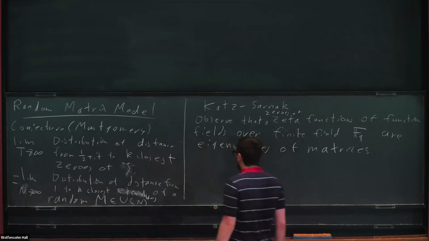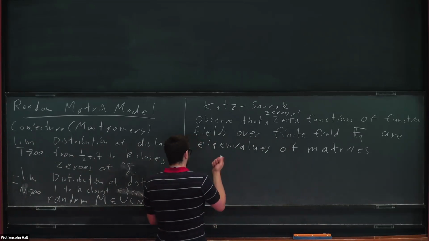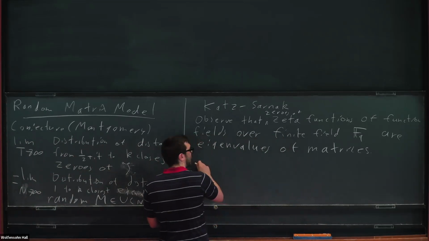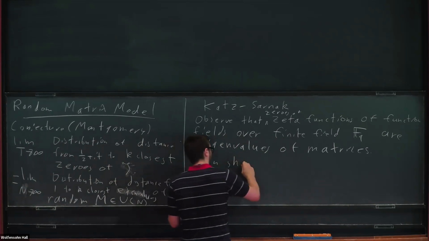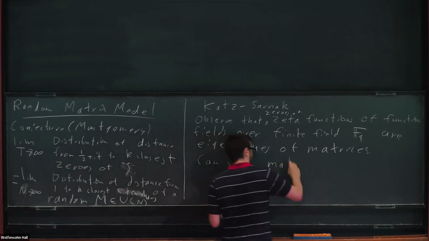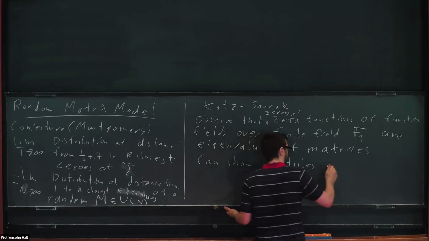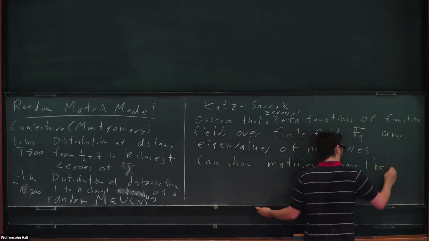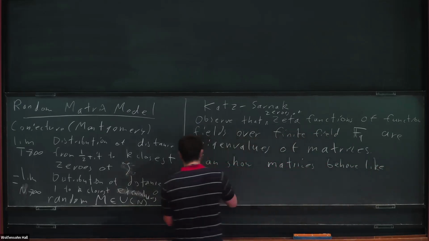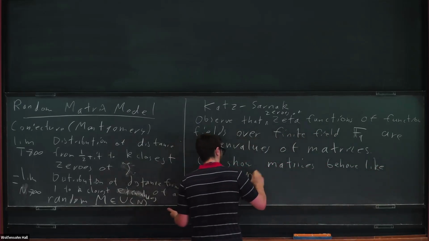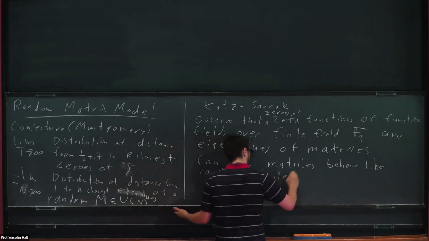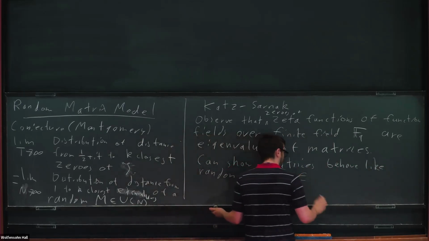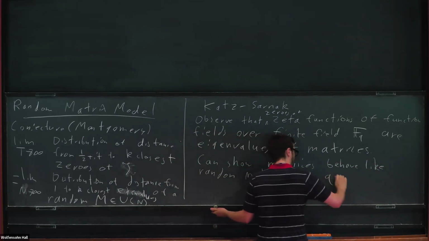And then, furthermore, they can show the matrices behave like random matrices in the large q limit, the q to infinity limit.